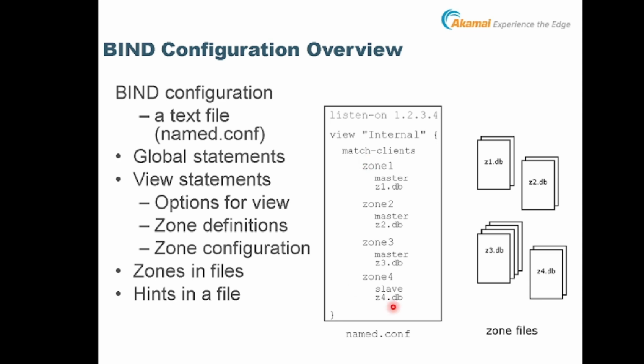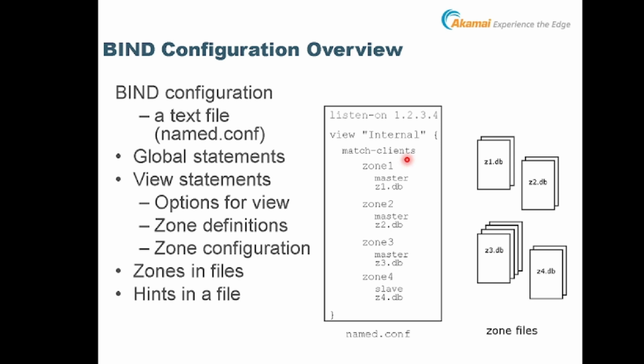And I showed this picture with AuthServe, where the text file configuration had global statements and then maybe some view specific statements that controlled the specifics of how resolution would take place. We would not have zones here, but we would have instructions for forwarding, for root hints, for stubs, for other features that determine the behavior of the resolution process.